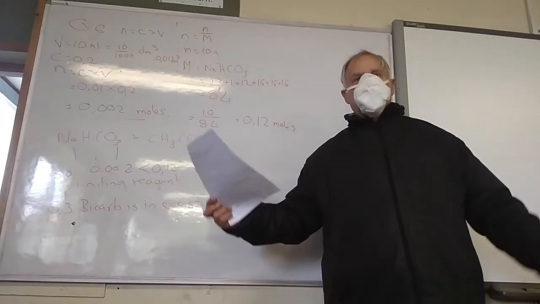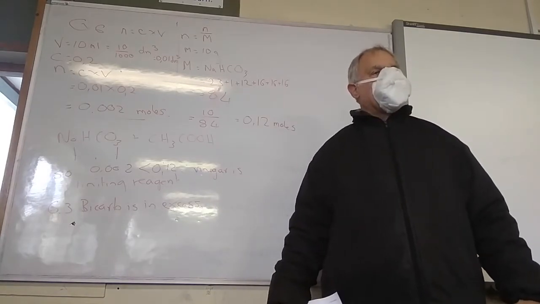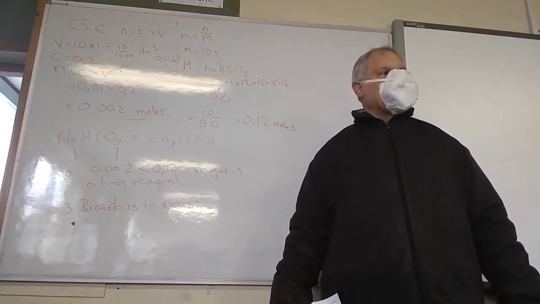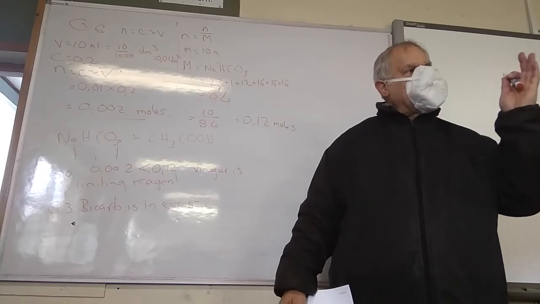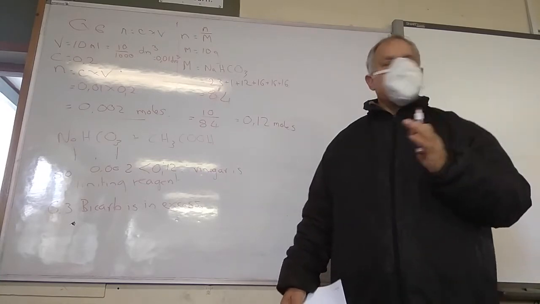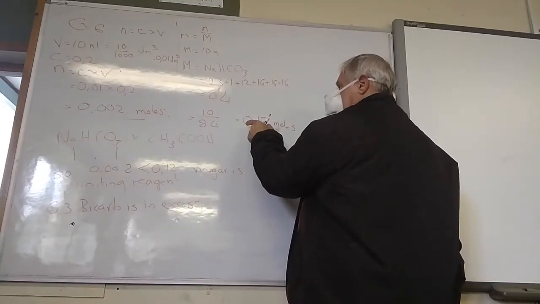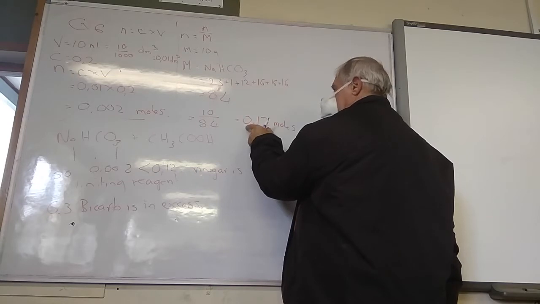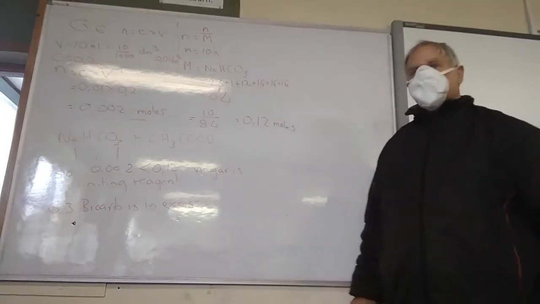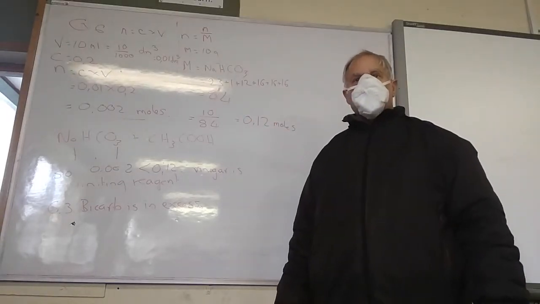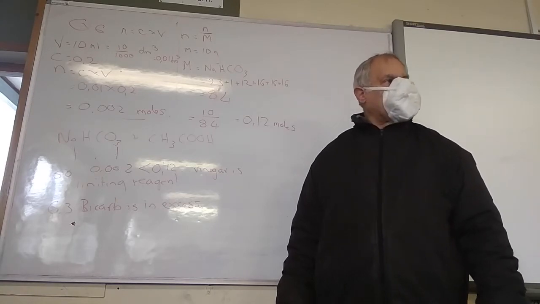How many moles of bicarb will be used up? They're used up in the ratio of 1:1. So when this one is used up, it will have used up 0.002 of that one. Does that make sense? Yeah.